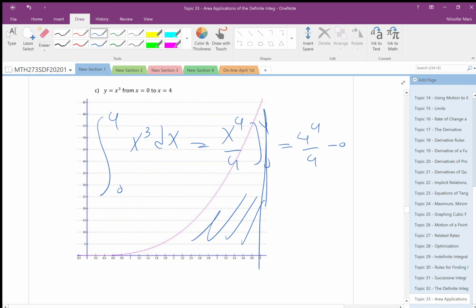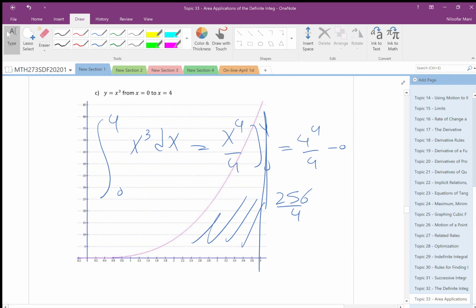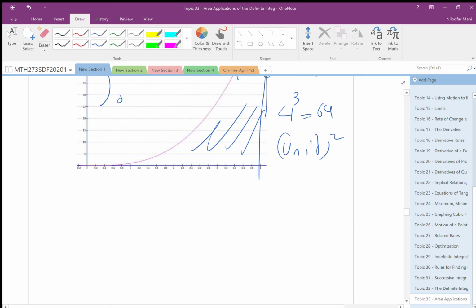I think it's 256, 16 times 16, divided by 4, which is 64. I don't even need to calculate, I can say it's 4 cubed, which is 64. So 64 unit squared, because I didn't say centimeter or meter or kilometer.